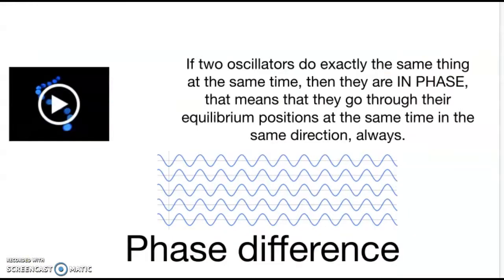When we're talking about different waves, we basically mean that they go through the same equilibrium position at the same time always when that phase difference is 0. So here we can see a bunch of waves that have 0 phase difference. They're actually in phase with each other. That means they all go through the equilibrium position, which is in the center here, at the same time.